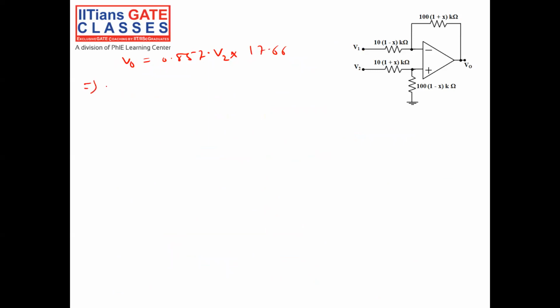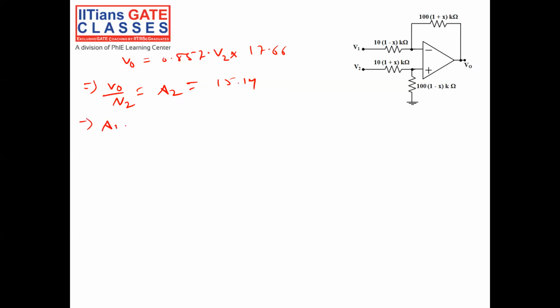So V0 by V2, which is A2, is equal to 0.857 times 17.66, which is 15.14. This is my A2.